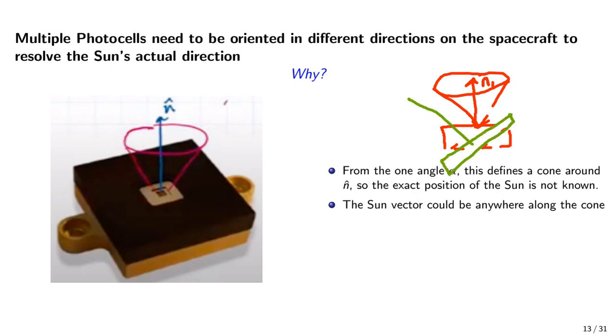Now there's always a cone around your normal line, and this is N2, normal line 2.